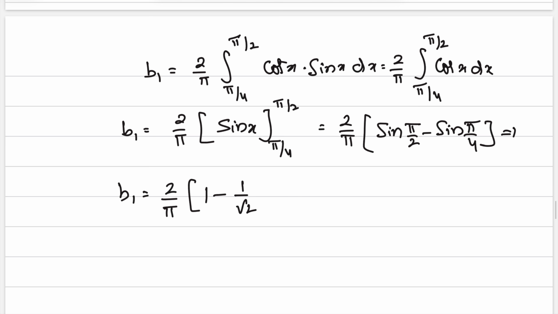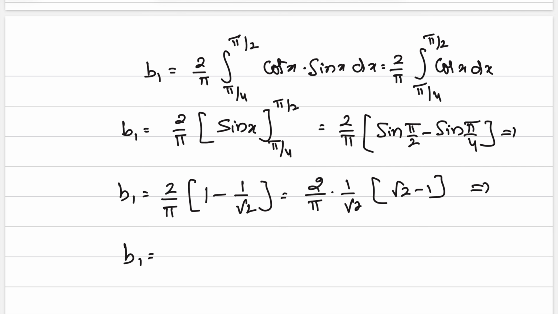That is equal to 2 by pi into 1 by root 2 into root 2 minus 1.